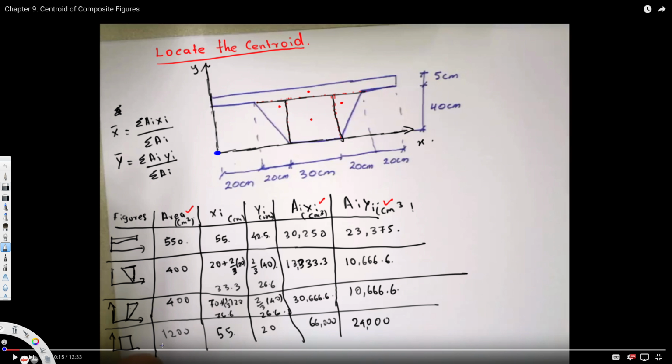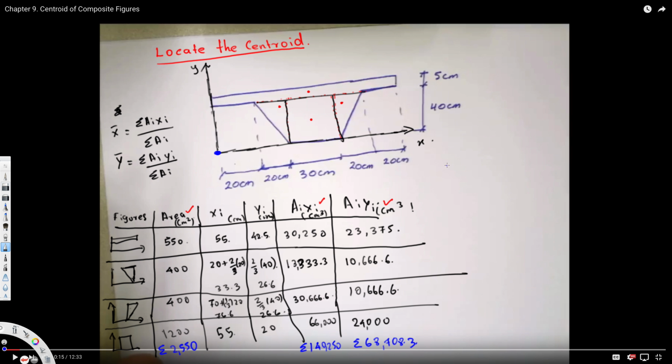The summation of Ai comes out to be 2,550. The summation of AiXi comes out to be 140,250. And the summation of Aiyi comes out to be 68,708.3. So these are the summations we need to know in order to solve this equation.